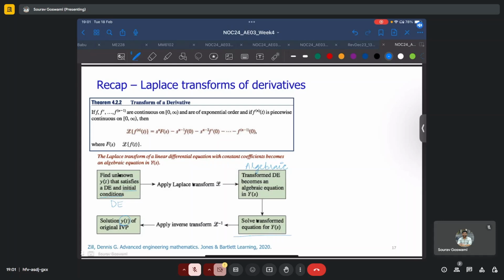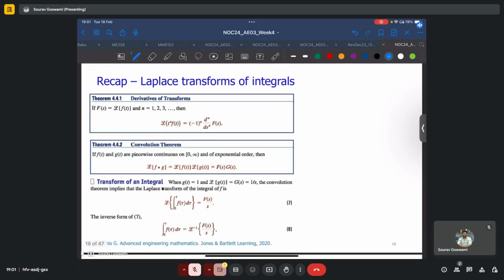And what we see is that all these initial values at t equal to 0, f of 0, f prime of 0 till the n minus 1th derivative must be supplied to us at t equal to 0. Given this information, we can easily use Laplace transform to solve the differential equation.